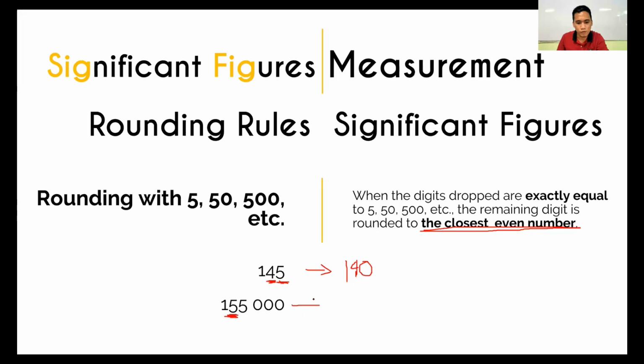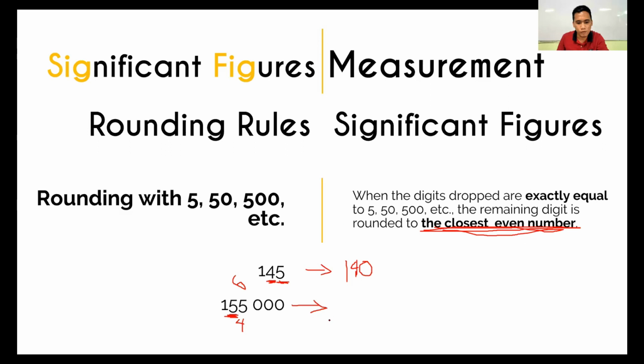The closest even number, we cannot lower it to 4, so the closest possible even number is 6.